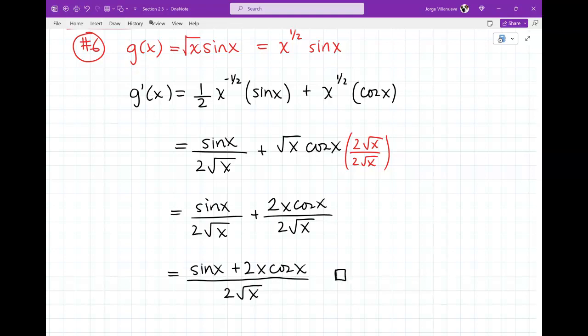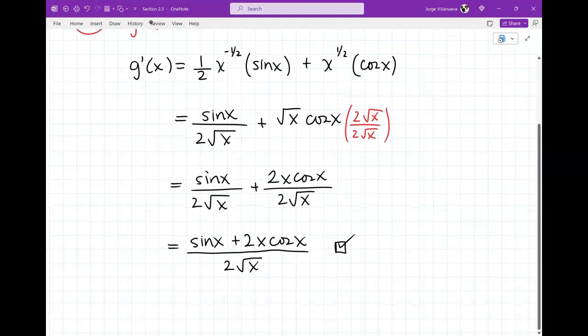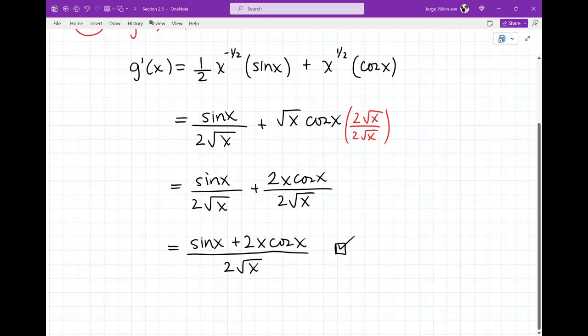And I dare say this is the answer you're going to see in most solutions manuals. I'm assuming that's what you're going to see. They're going to say, well, combine it. Why not? It's two fractions. Put them together. Do you have to? No, I'm totally okay with this answer. All right?